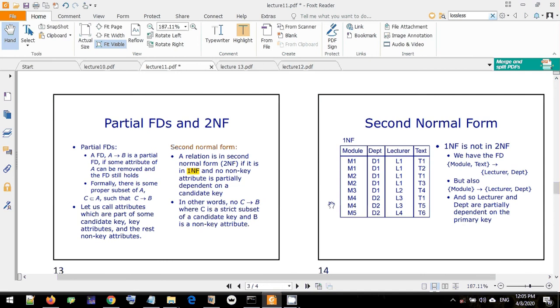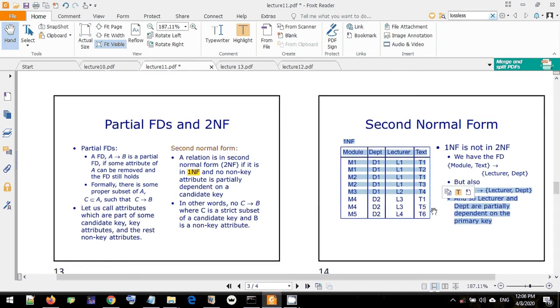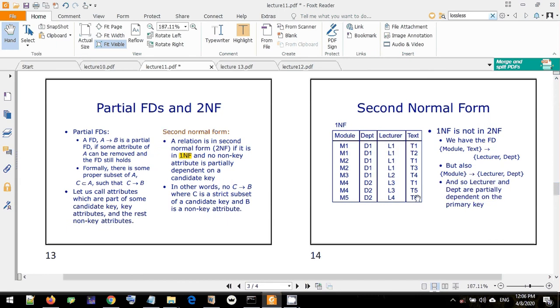Now let's see how we can actually form second normal form. We observe that this table has been normalized to the first normal form, but it is not in the second normal form. How do we know?